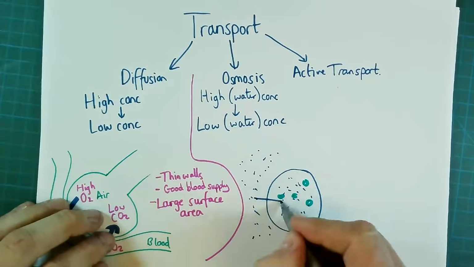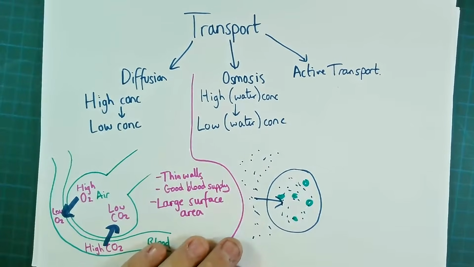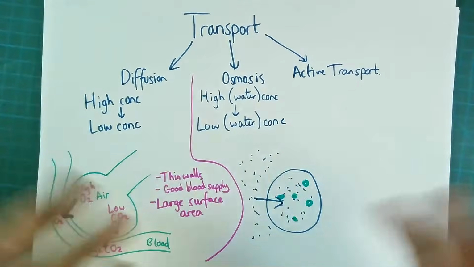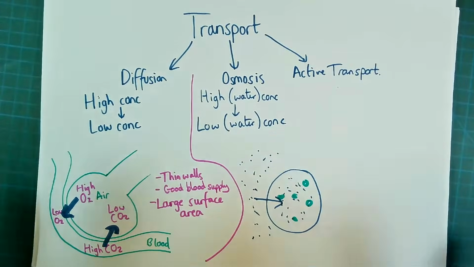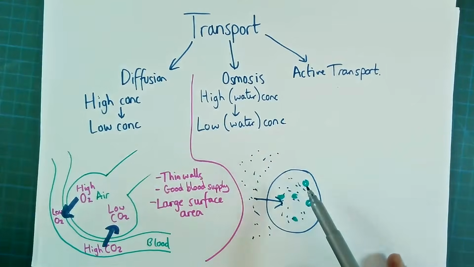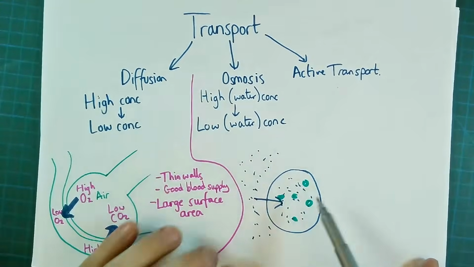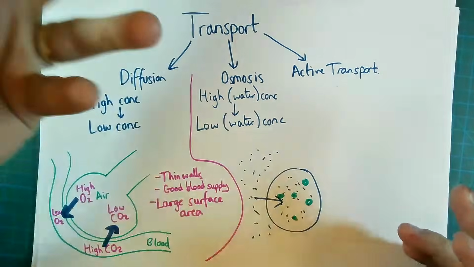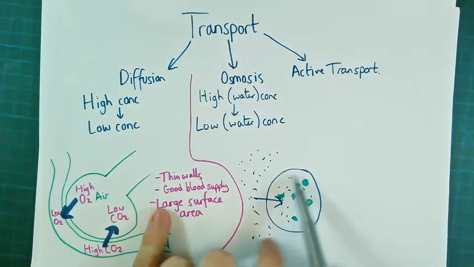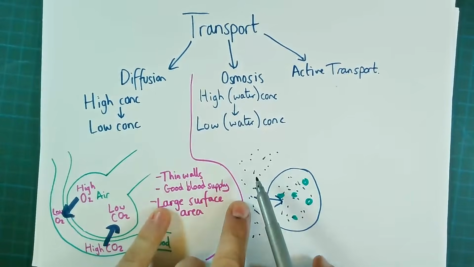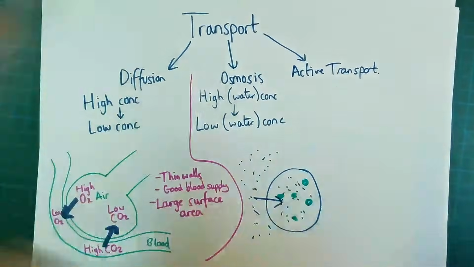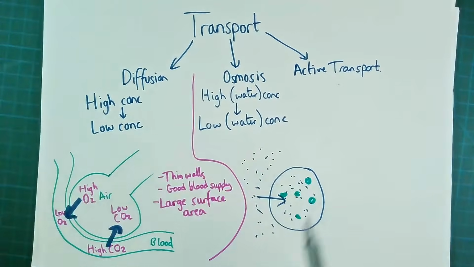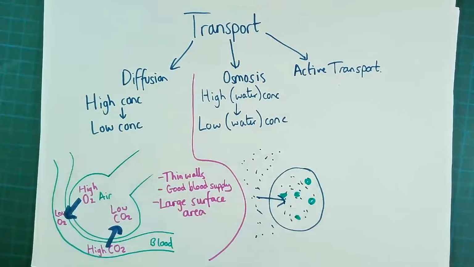So the water will move into the cell. Now, the reason this is confusing is because I don't really tend to fuss about the water. If I was making a glass of squash, the concentration in that refers to the squash, not the water. So it looks like there's stuff in the cell, and the pure water looks like it's a low concentration of other stuff, but it's a high concentration of water. So when I'm putting it in pure water, the high concentration of water is outside.